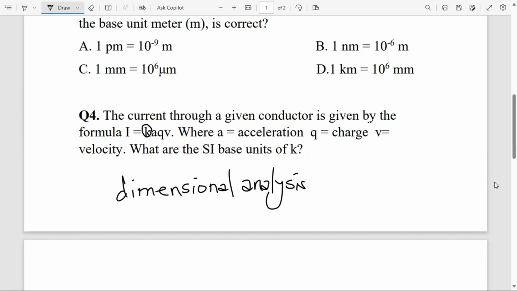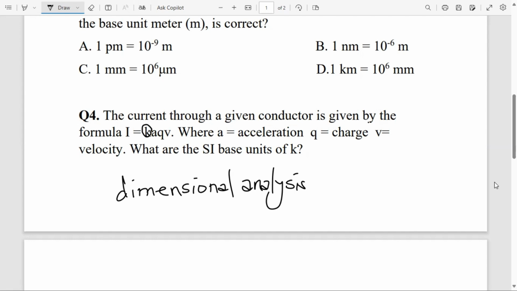We have velocity with base units meters per second, and we have charge with the base unit Q or Coulomb, like that. So we can plug these into our equation and see what we are going to get, because we are supposed to make K the subject of the formula so that we find what units K is going to have at the end.